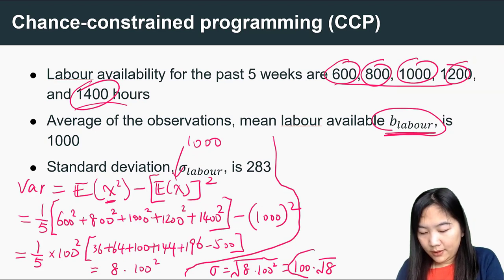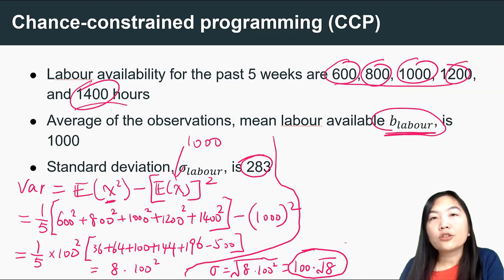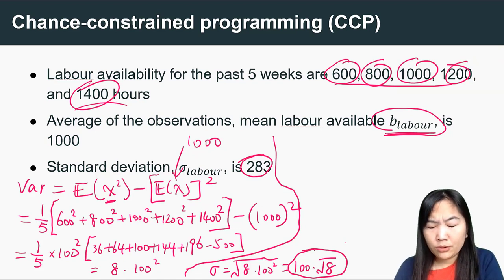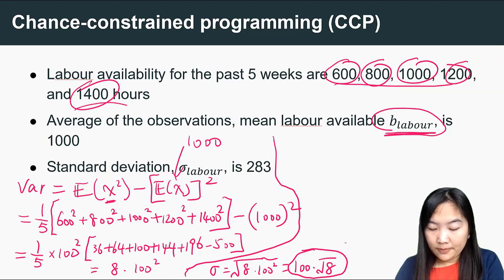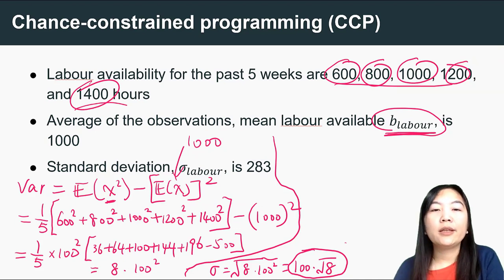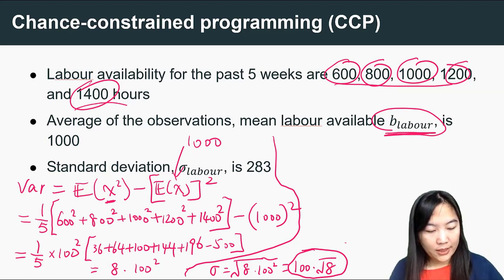If you get the value for the square root of 8, it should be about 283 or 282 point something, I don't remember, 8 or 9. So that's how you calculate the standard deviation. So we get the B, we get the sigma, and we are left with the Z alpha here.